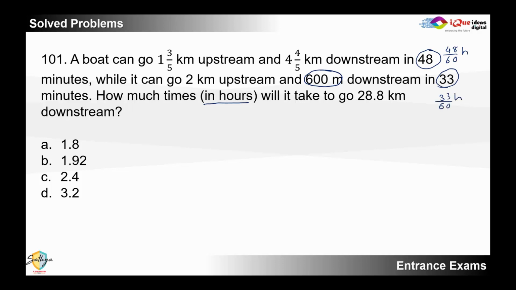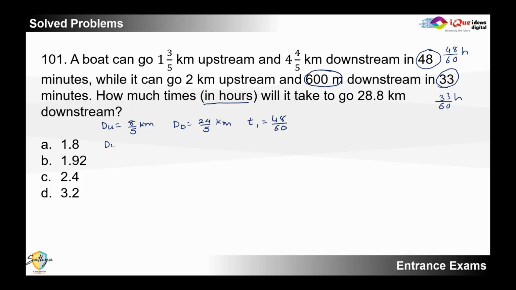So let's understand all the data which is given to us and write it down. The distance upstream is 1 3/5 kilometers, that is 8 upon 5 kilometers. The distance downstream is 4 4/5, which is 24 divided by 5 kilometers. The time taken for the first motion is 48 upon 60 hours.